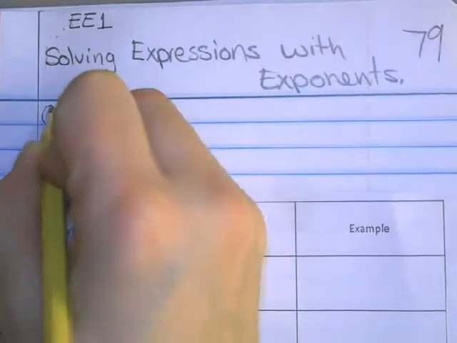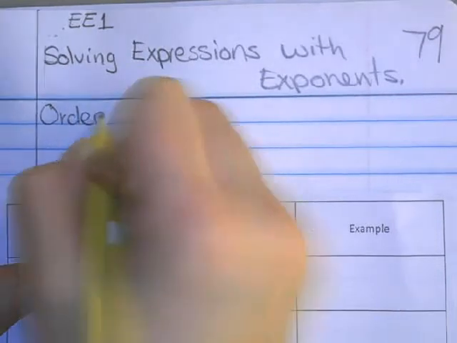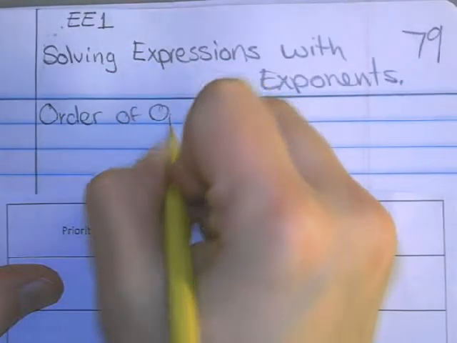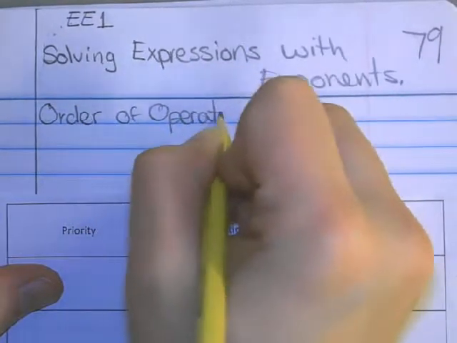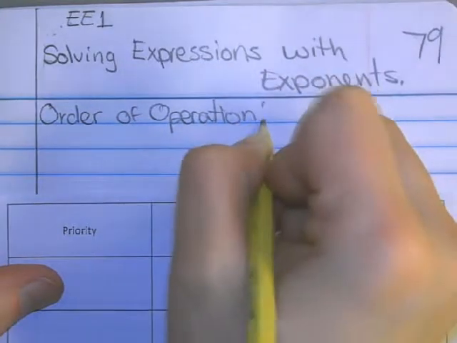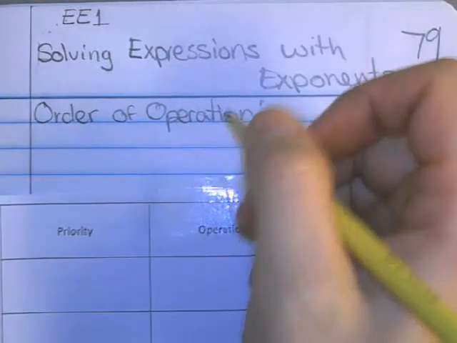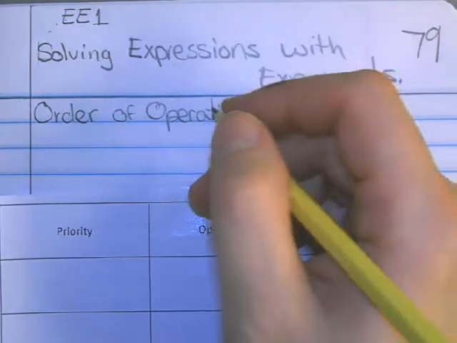So we call this order of operation. We know operation, right? Add, subtract, multiply, divide. We know what those are.